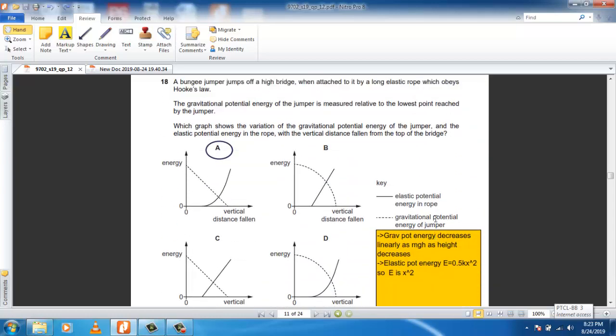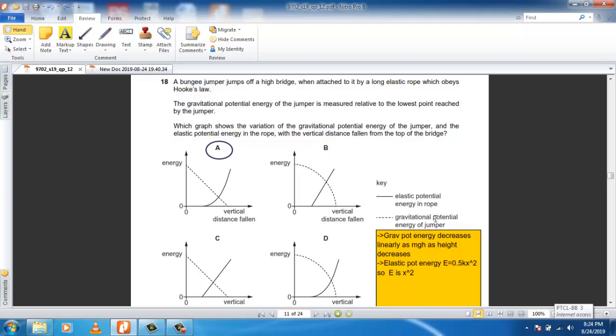Question number 19 says a bungee jumper jumps off a high bridge, attached to it by a long elastic rope which obeys Hooke's law. The gravitational potential energy of the jumper is measured relative to the lowest point reached by the jumper. Which graph shows the variation of the gravitational potential energy of the jumper and the elastic potential energy in the rope with the vertical distance fallen from the top of the bridge?